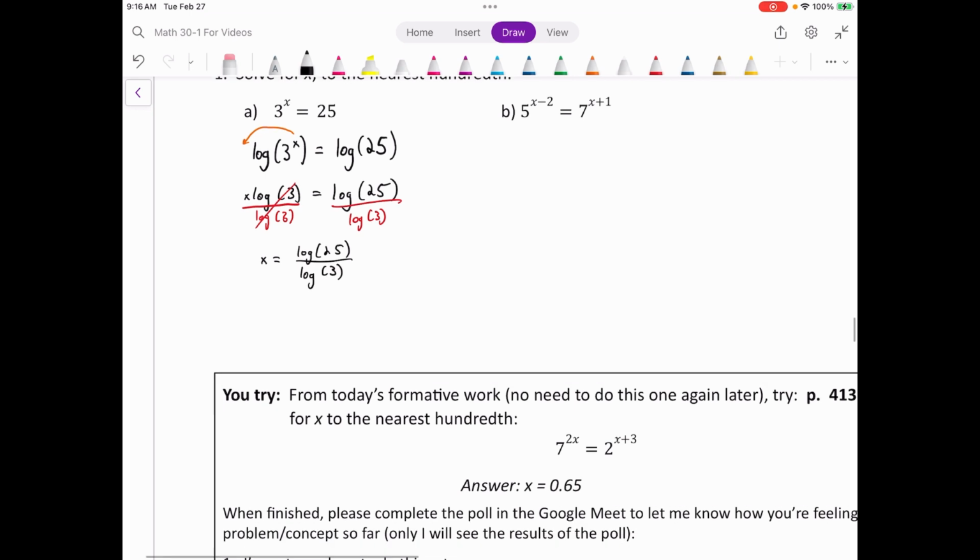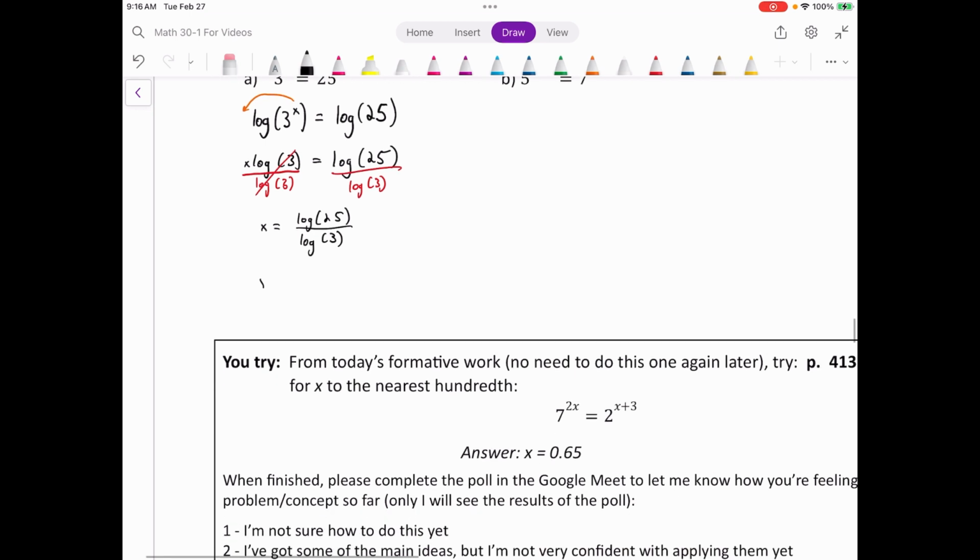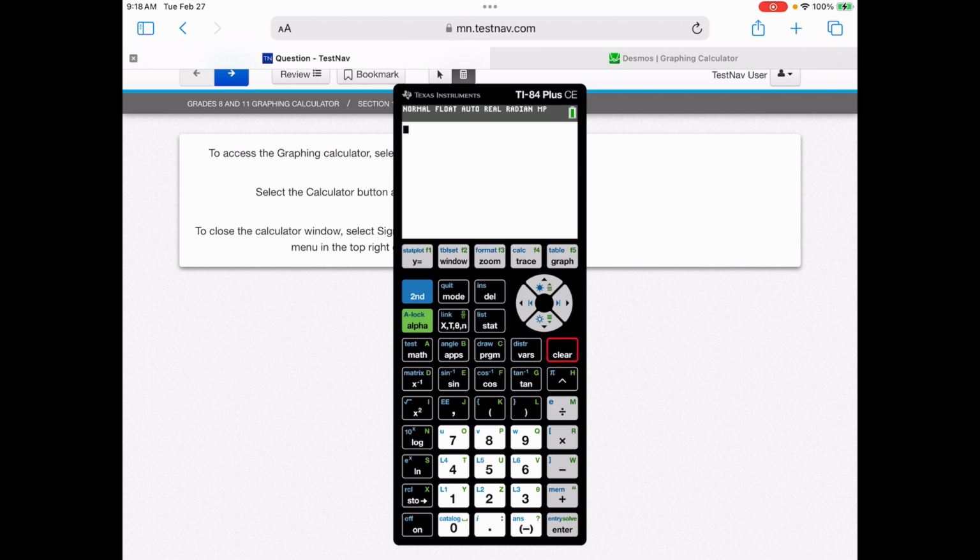I'll just pull up the calculator here to show how to enter this, because logs are new to you as far as calculators go. So we wanted to do log of 25 over log of 3. Whoops, not that one. That's the natural logarithm. Right there, sorry, I hit the wrong button. Log, right? That is log base 10.